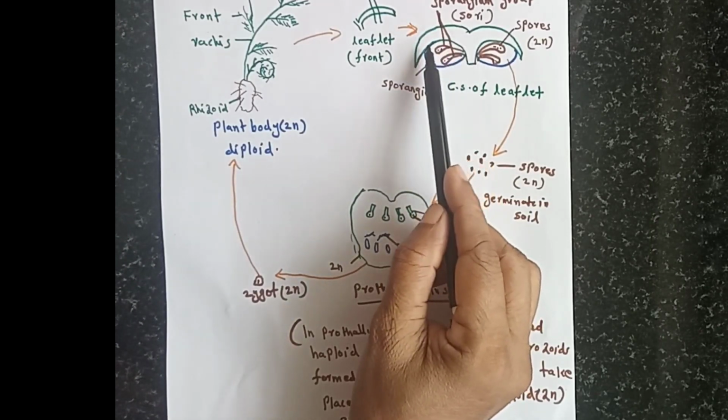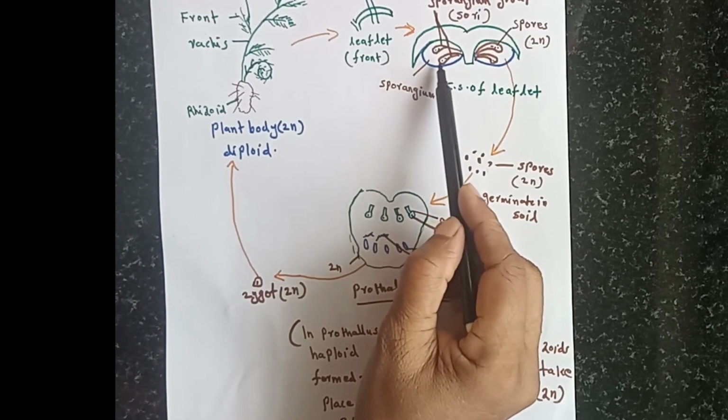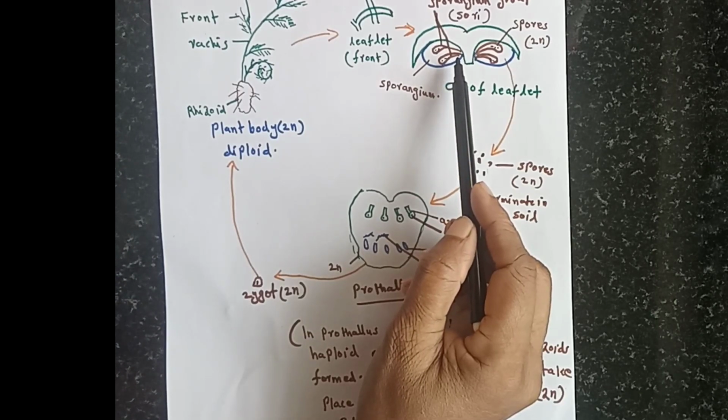This is the leaf, CS of leaf. Sporangia are produced on the under surface of the leaf or leaflet.